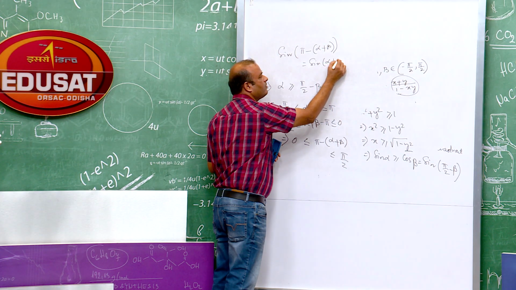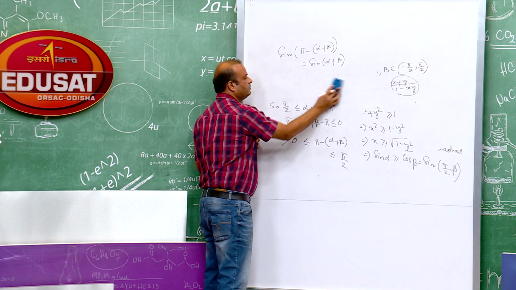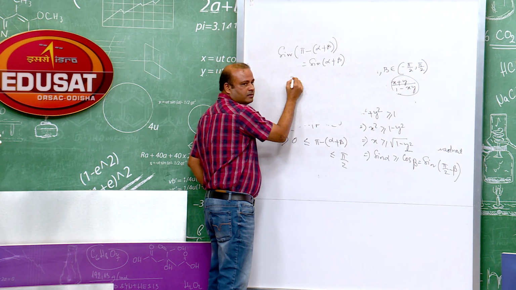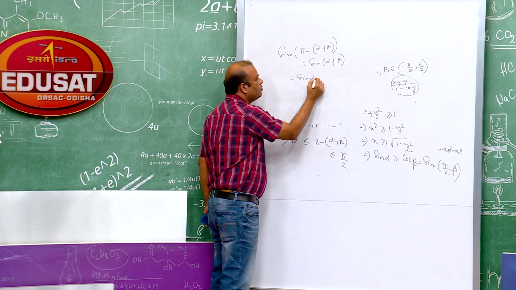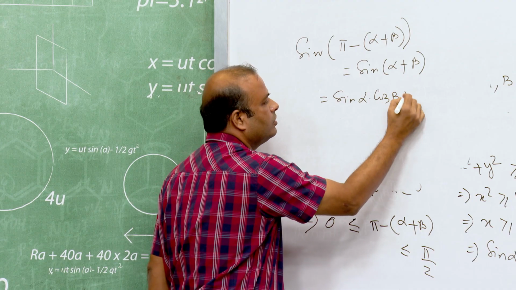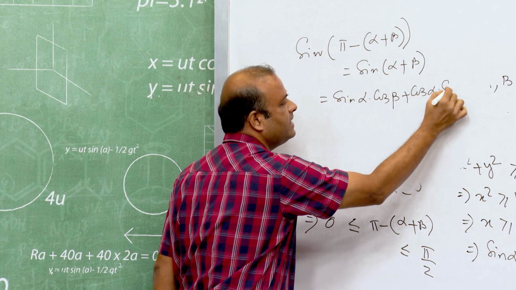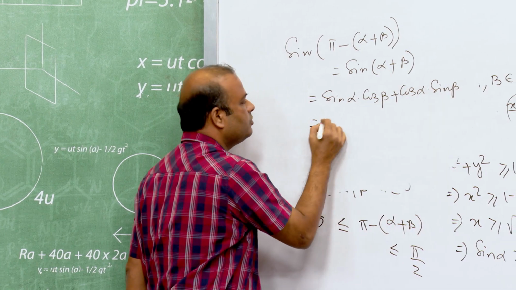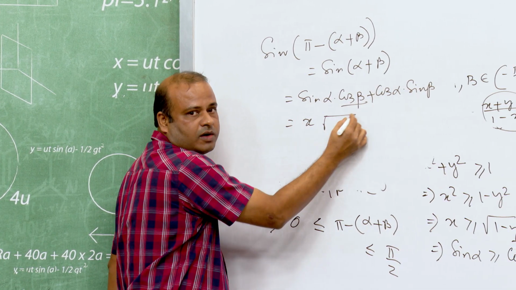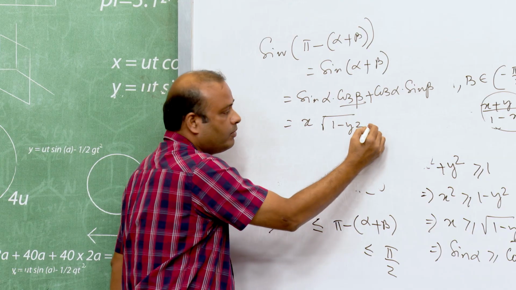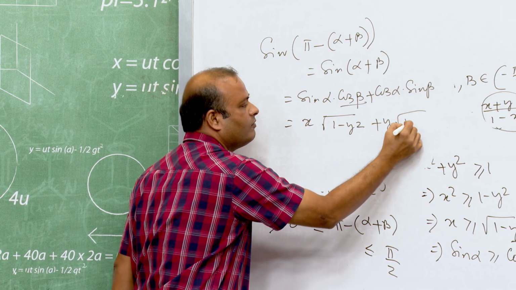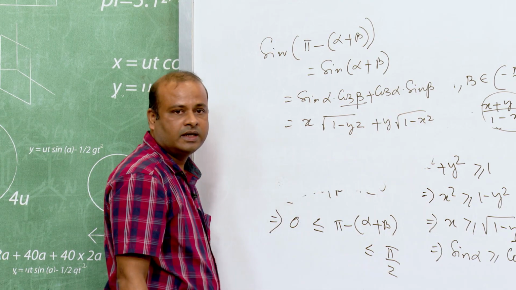Now sin of pi minus (alpha plus beta) is equal to sin of (alpha plus beta). So you can write sin alpha into cos beta plus cos alpha into sin beta. So this one is your x, this one is root over of 1 minus y square plus y root over of 1 minus x square, right?